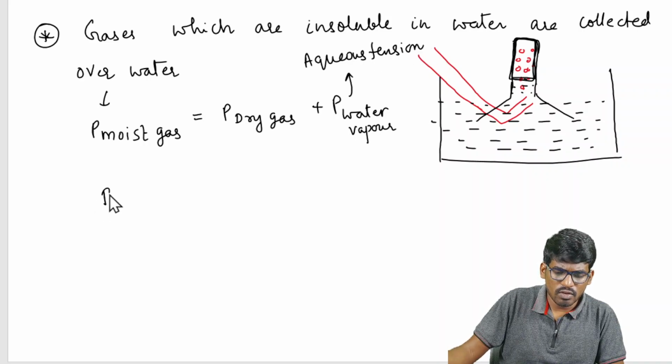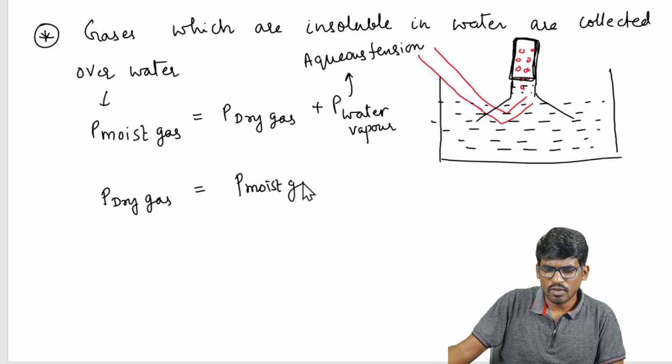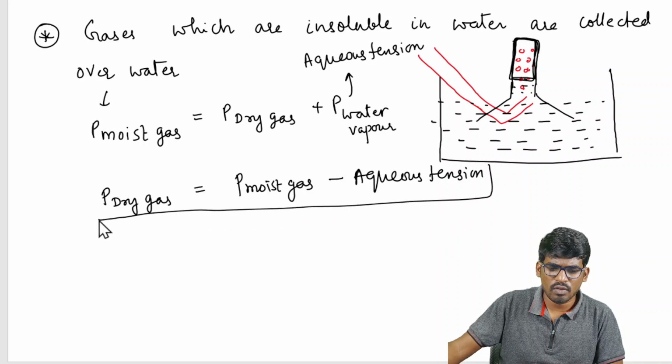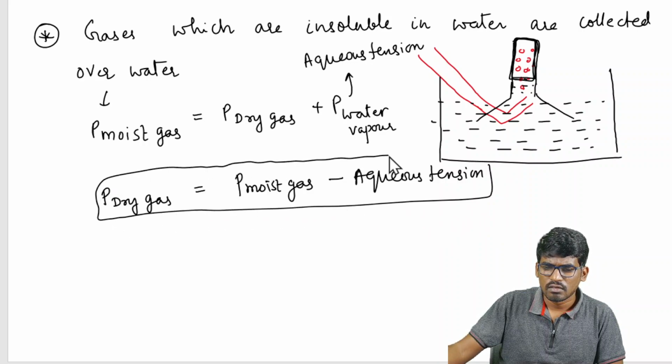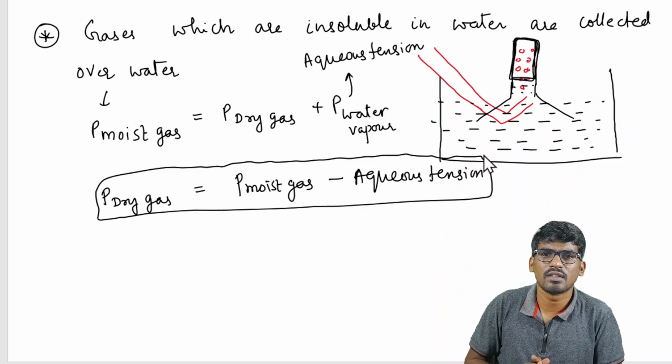Now, if I would like to calculate the pressure of the dry gas, then I will apply the formula: pressure of moist gas minus aqueous tension. If you subtract the pressure exerted by the water vapor from the moist gas, you will get the pressure of the dry gas.